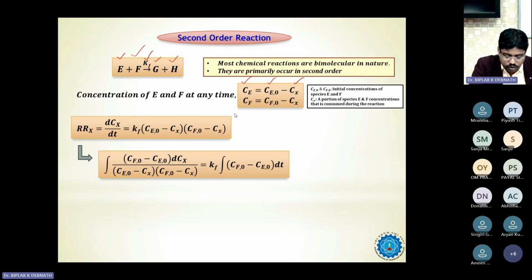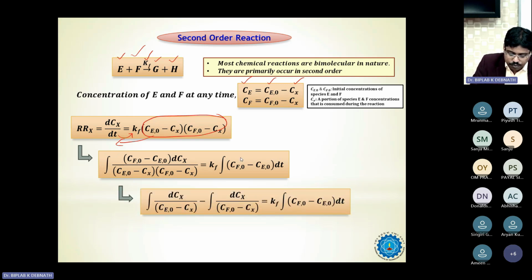Now in order to integrate, we bring this particular concentration term down here and dt we take up. So the Ce naught minus Cx and Cf naught minus Cx come down, and Cf naught minus Ce naught we multiply on both sides. Why do we multiply?